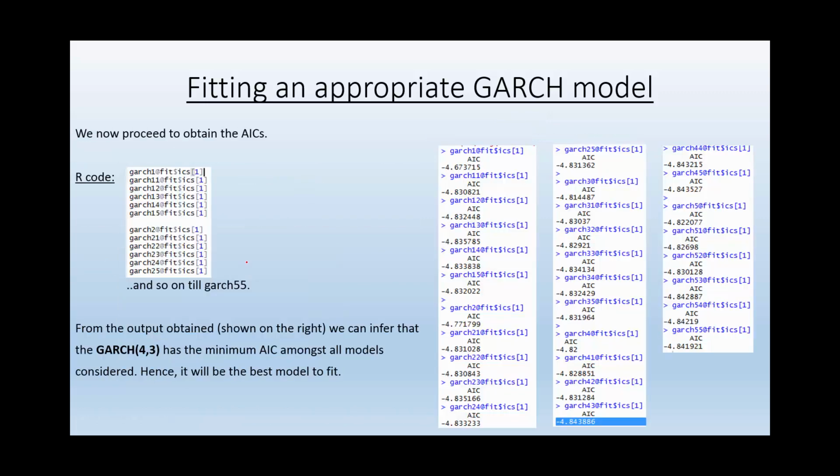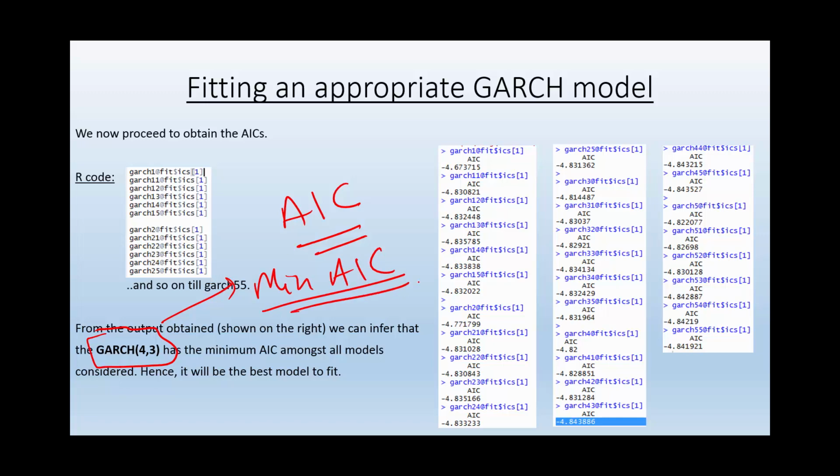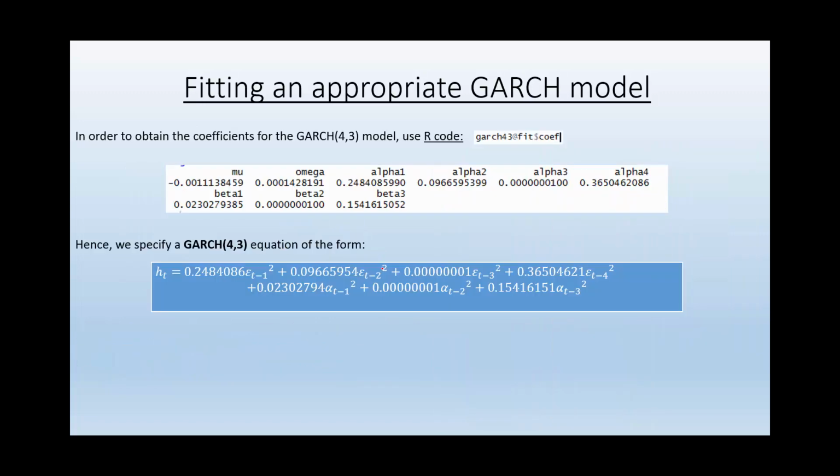So we fit all the possible GARCH cases, and we have found out the AIC. Again, the criterion to choose the best model is AIC, Akaike information criterion. You always get that in your output. And we have found out that GARCH(4,3) has the minimum AIC, and that's exactly what we use for finalizing the last model.